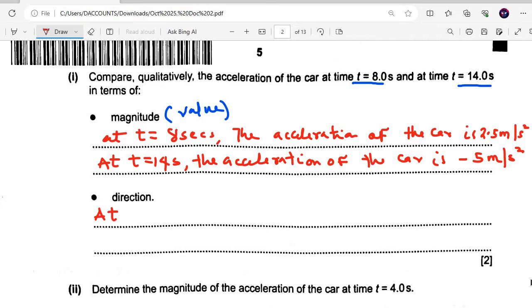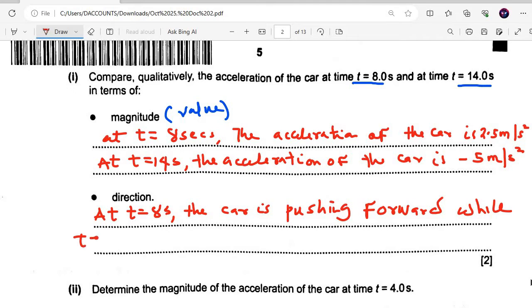At t equal to 8 seconds, since the car is accelerating, you can say the car is pushing forward. That's accelerating.